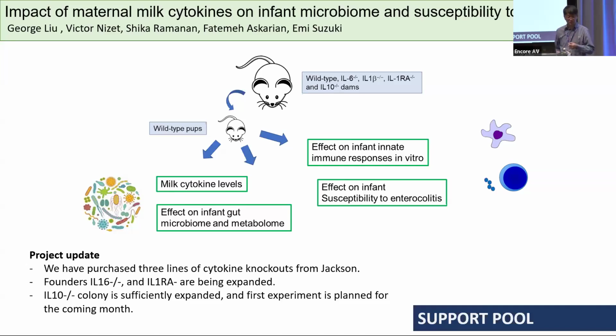Of course, the long-term goal is, can we not just fortify the milk with nutrients, but actually have an effect on immune components to make it a type of milk that has more benefit to the infant. So with that, I want to pass on to Shirley.